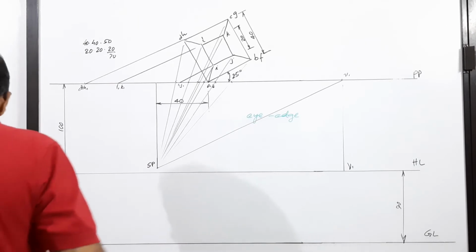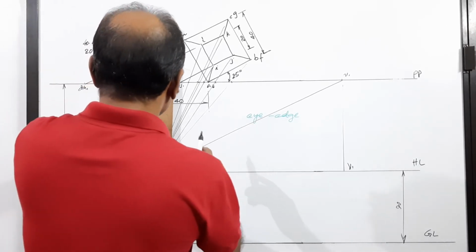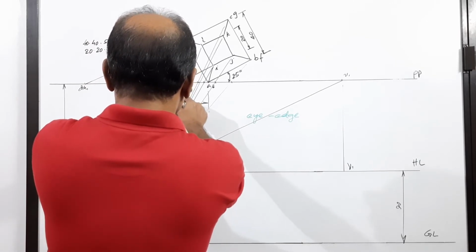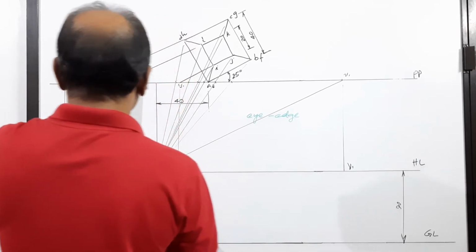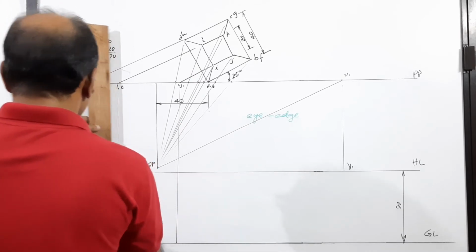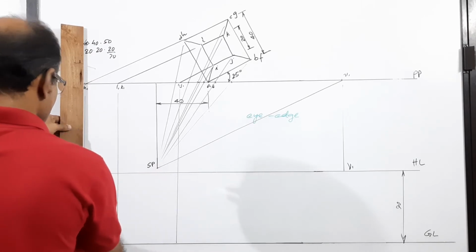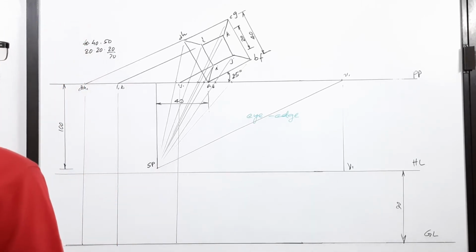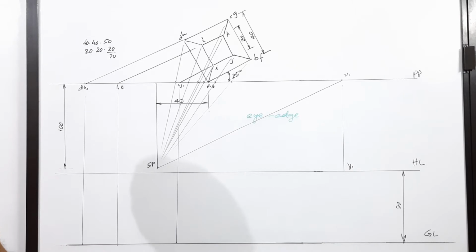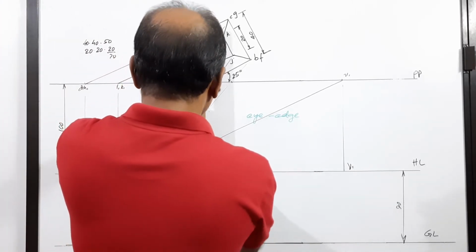Drop this down first. Also, A without extension, A is already on PP.